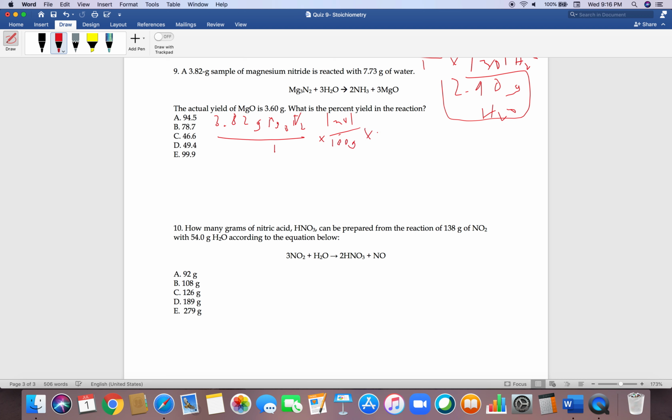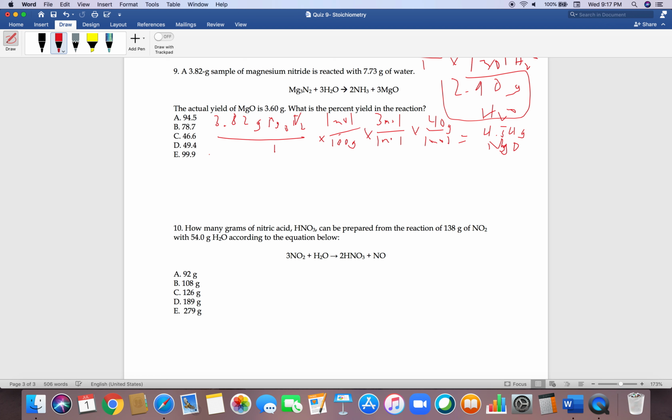And for every 1 mole of magnesium nitride, I need 3 moles of magnesium oxide, and 1 mole of magnesium oxide weighs 40 grams. So here I get a value of 4.54 grams of magnesium oxide. It's a little messy there, my apologies.